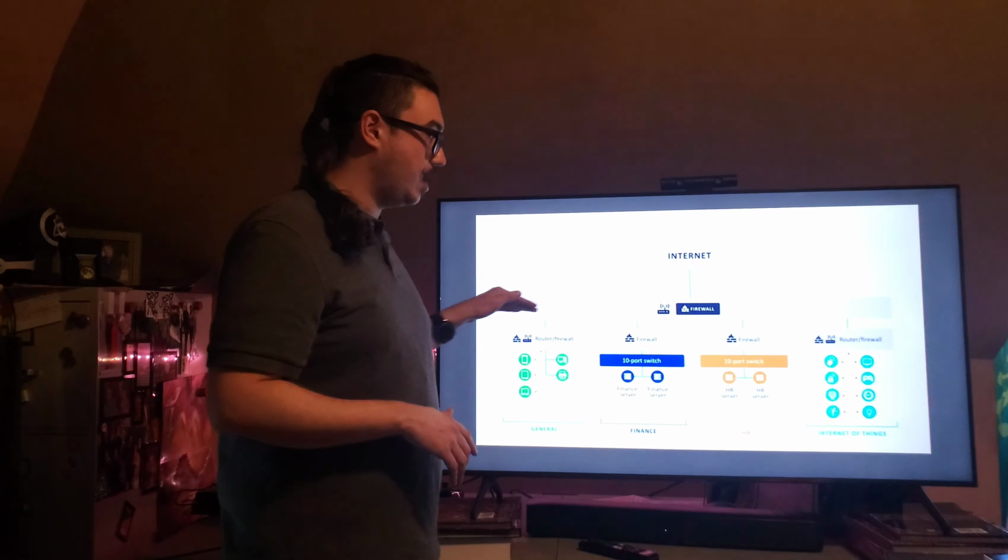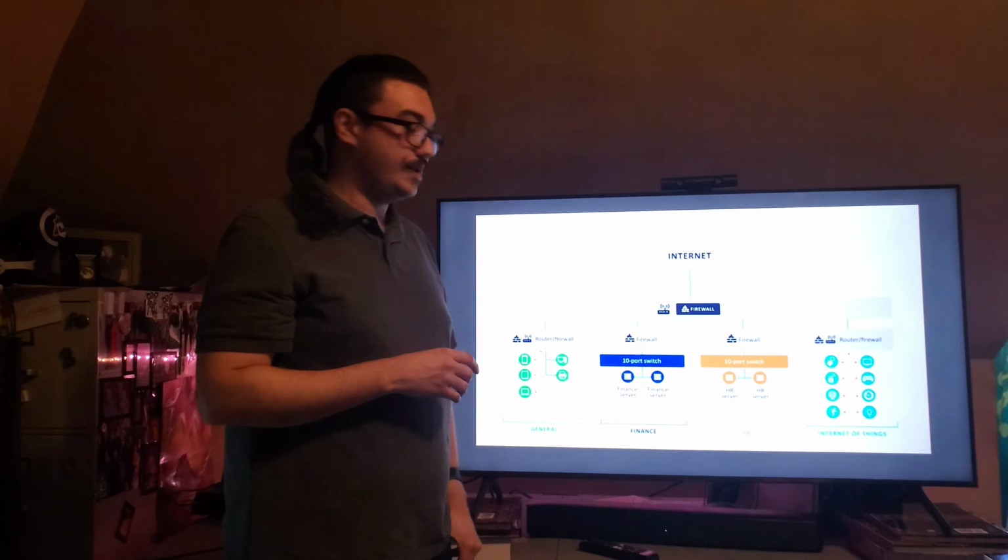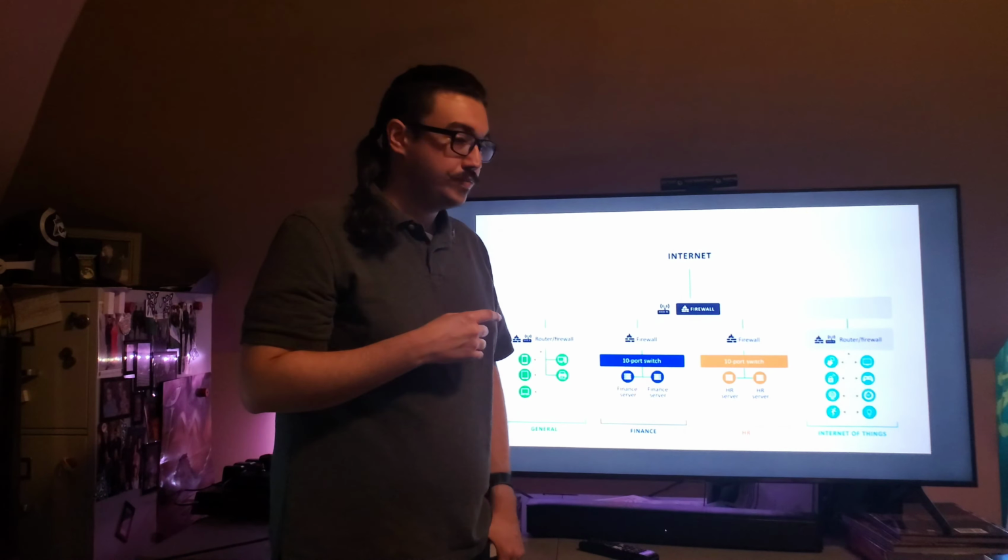So beyond this surface area firewall, each network, in this example, is divided by discipline. So we have general, finance, HR, IoT. You can divide it any way you want, but they each have their own individual firewall and protections. And that goes a long way in helping secure your data.